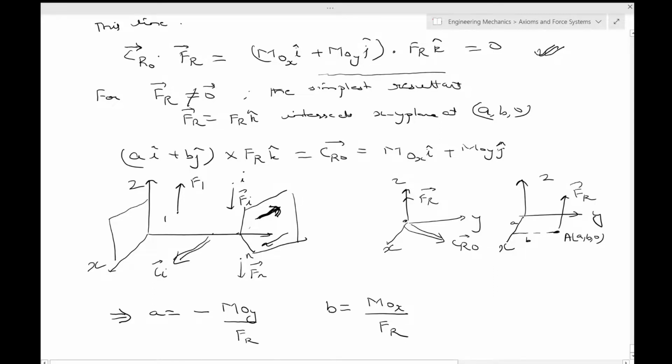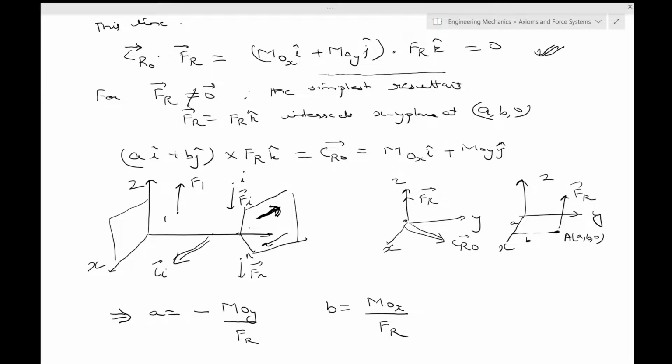Now, despite the fact that the simplest resultant is actually a wrench, which is FR and CR parallel, it's not necessary that we use it all the time, because many times it will be convenient to find the equivalent about some other point which may not actually be a wrench.